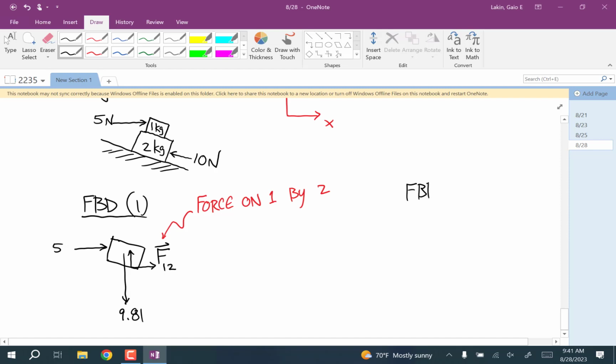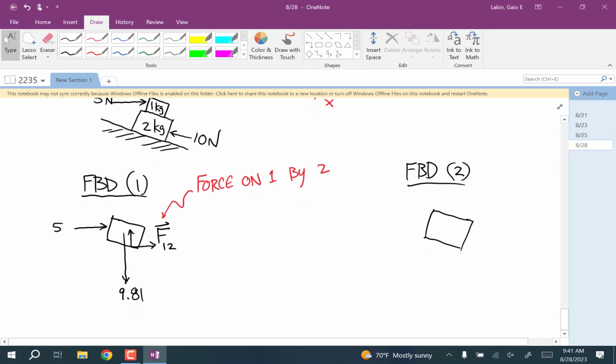Okay, the free body diagram of the 2 kilogram. There's a weight force of 2 times 9.81. There's a friction contact with the ground, so I'll call this the force on the 2 by the ground.